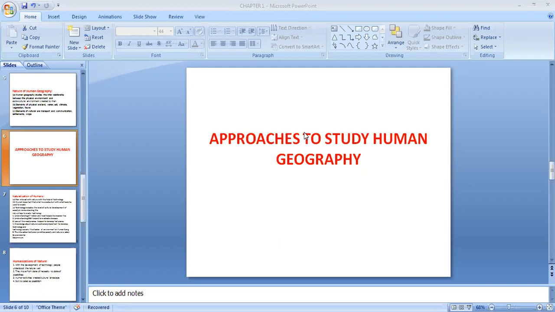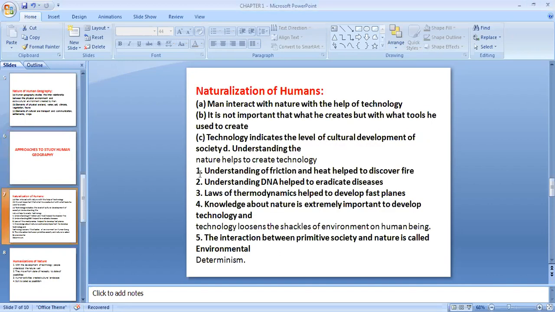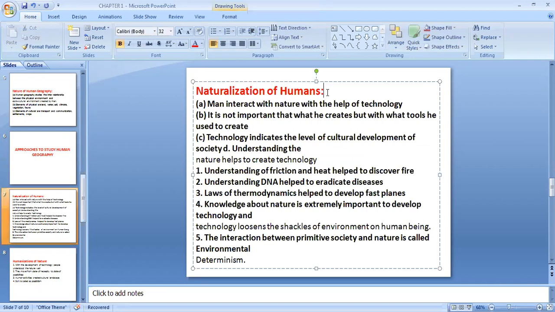But out of these approaches, the most important are three approaches. The first is known as determinism or environmentalism. This is also known as naturalization of human.